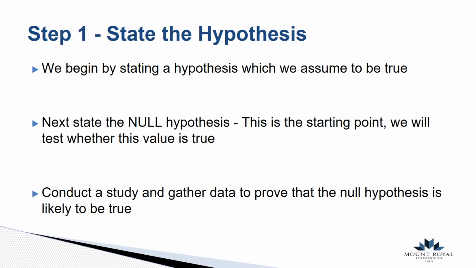Then we state the null hypothesis. This is the starting point. We will test whether this value is true. Once again, the null hypothesis says that there is no difference. Then we're going to conduct the study and gather data to prove that the null hypothesis is likely to be true. So we're gathering the data to be able to say that there is no difference.